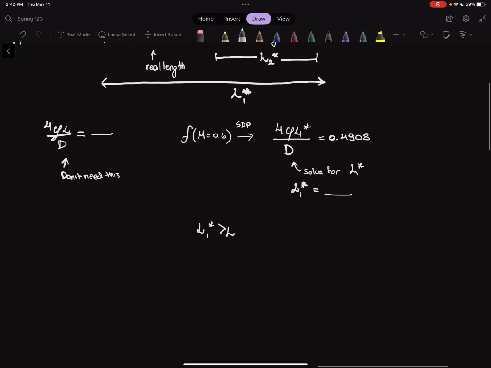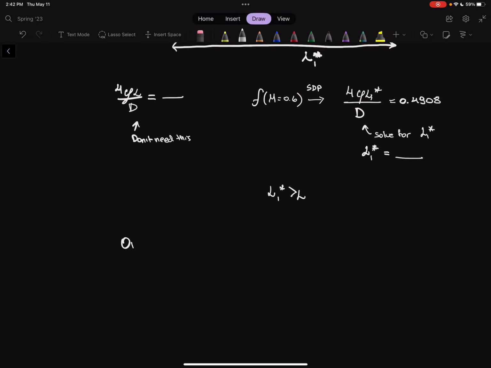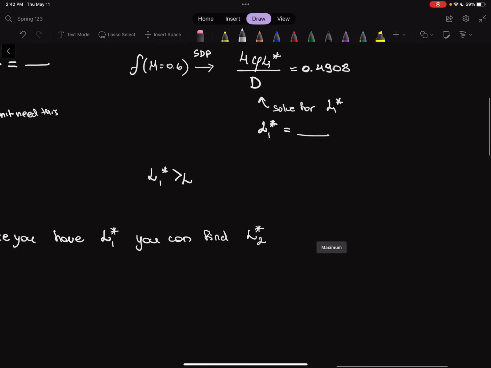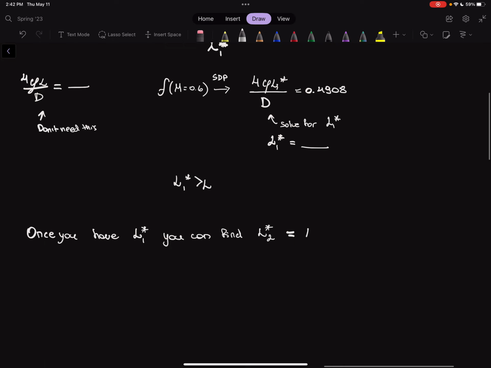So then, with this, let's go here. You calculate L2 star. Actually, I'm gonna write that here. If you look at the sketch, L2 star is simply L1 star minus L. Yes, I see that.